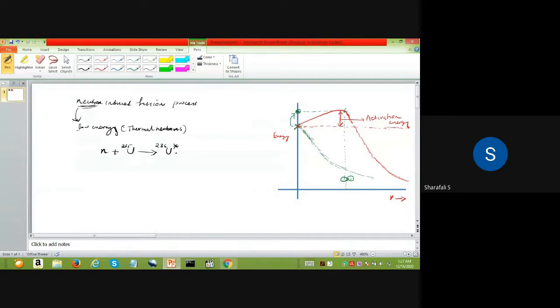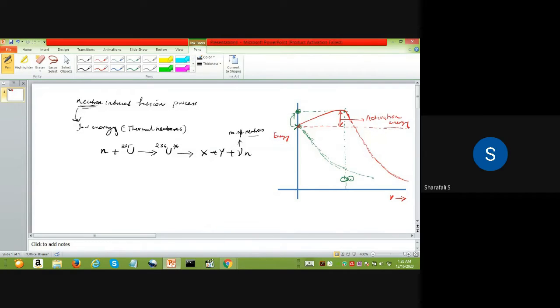And from that excited state, it will go to the ground state through the fission process, and it will give you the product nuclei, or the daughter nuclei, plus some nu n. Nu is a constant here. Okay, some number of neutrons. So this nu is constant.